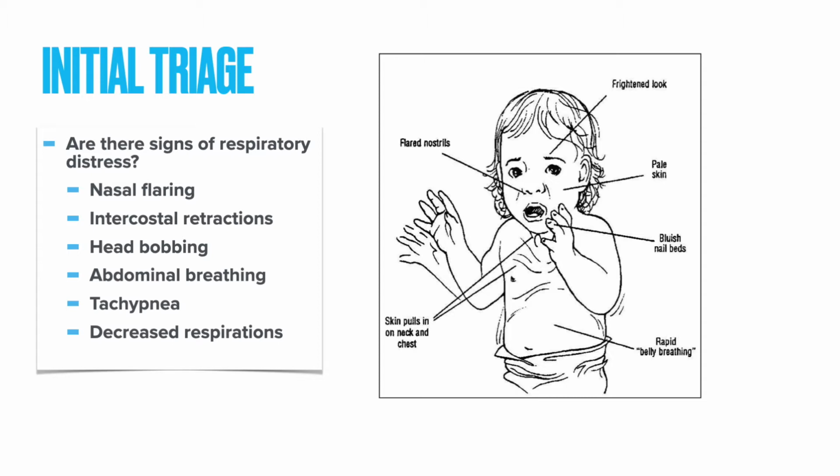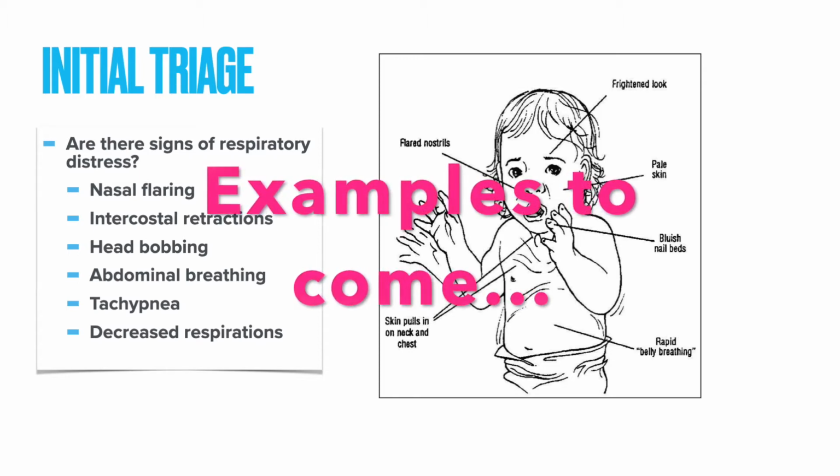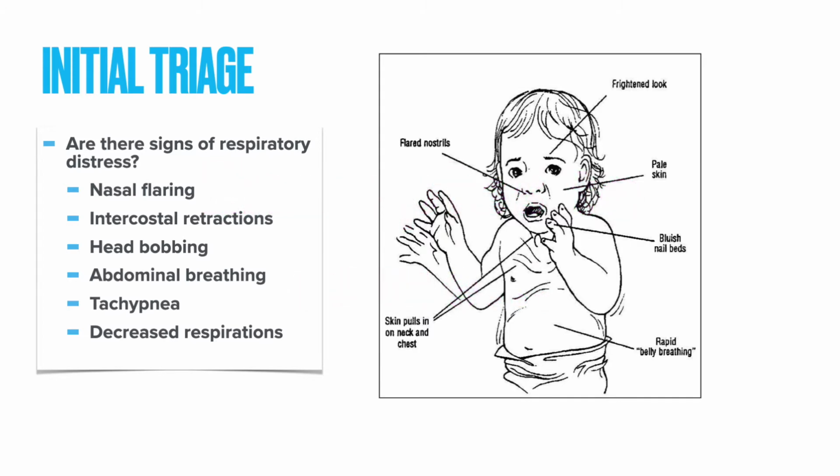What is their effort of their breathing? Do they appear calm with even and unlabored breaths, or are they working to breathe? And what kind of things do we want to be looking out for when considering labored breathing?